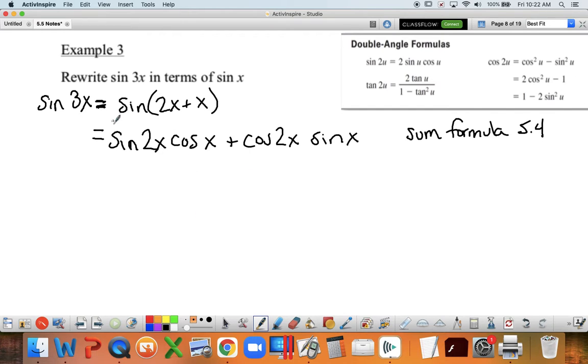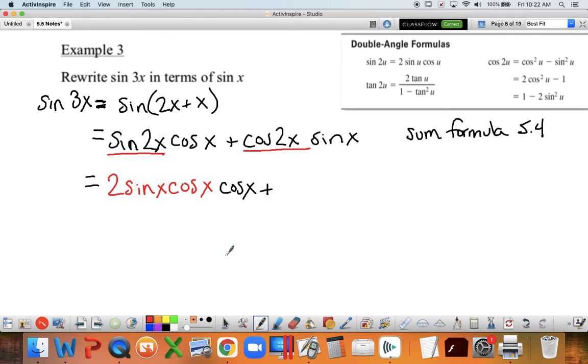Now once I've done that, I see that I have some double angles in there where I'm going to have to use a double angle formula to replace those parts. I'm going to highlight those in red to keep track of what's what. So the sine of 2x is 2 sine x cosine x, and then I still have this other cosine x, plus the cosine of 2x.